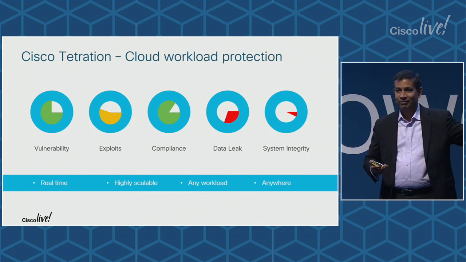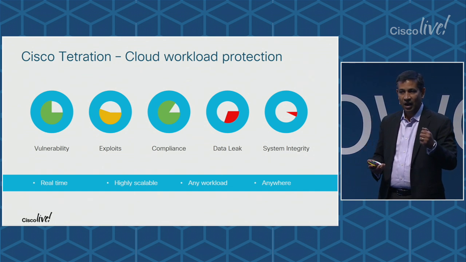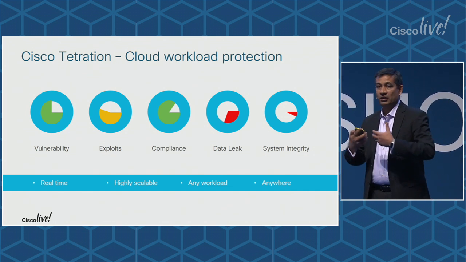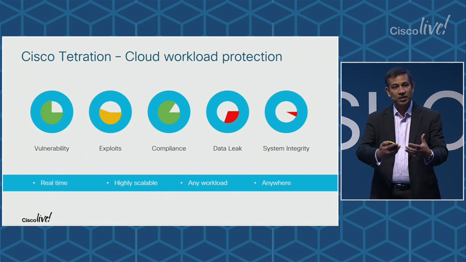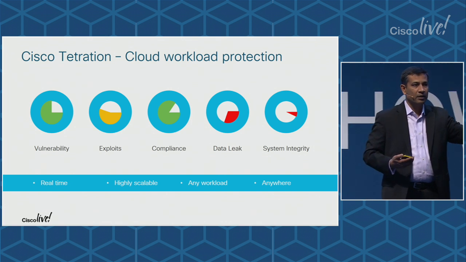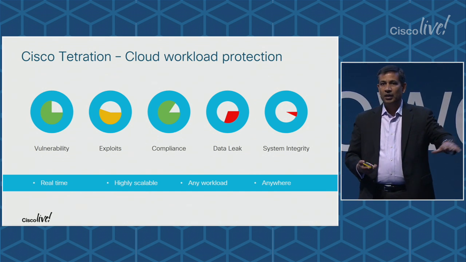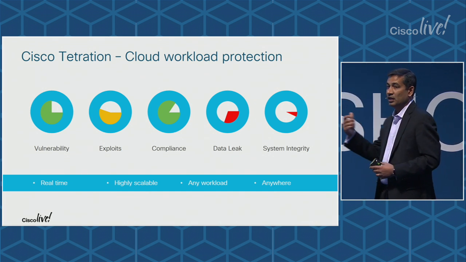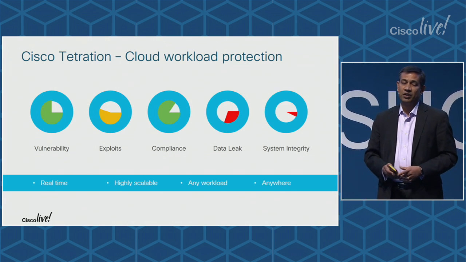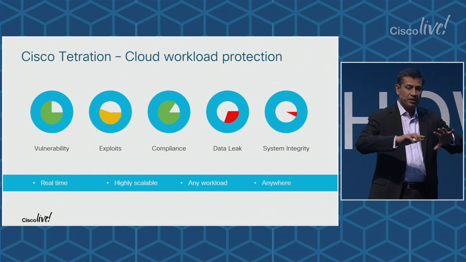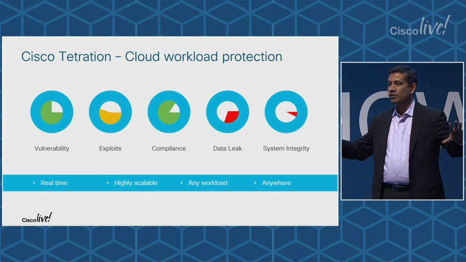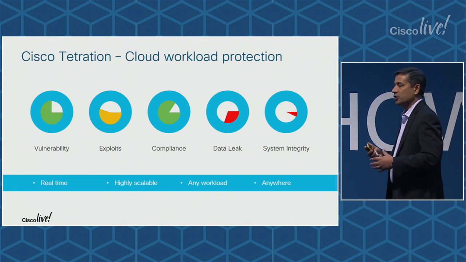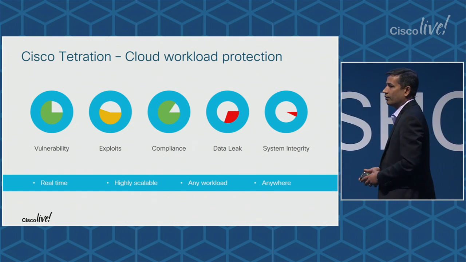OK, they're vulnerable, but are they actually being attacked? Are they already exploited? What is happening in terms of compliance? The intent and policy that I've defined, is it actually working the way I expect it to work? Things like that are very critical. System integrity: has somebody compromised the process that's running? So Tetration takes a look at everything and provides holistic visibility on what the security posture looks like. And we use machine learning techniques to cover all of that.